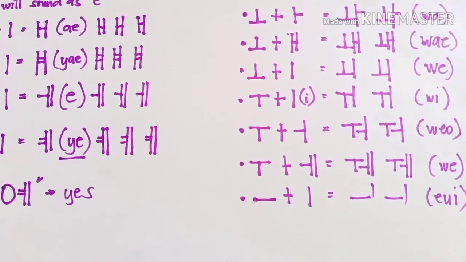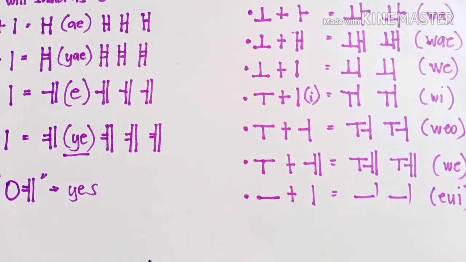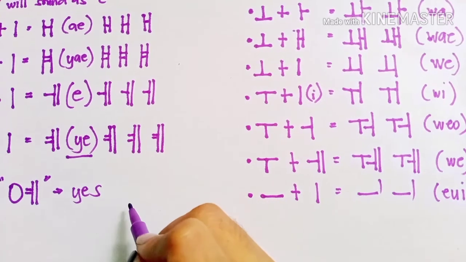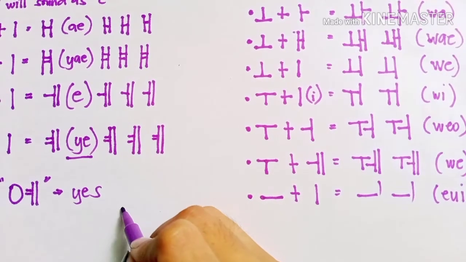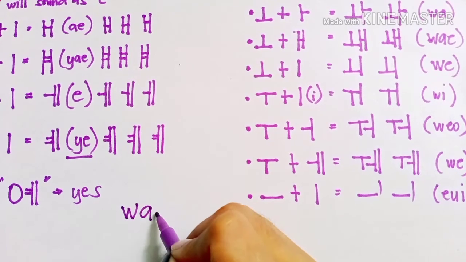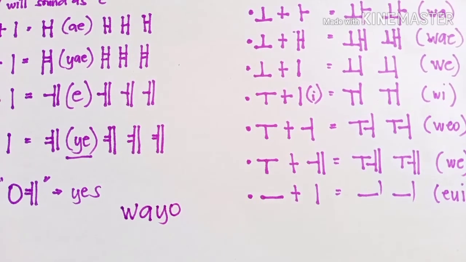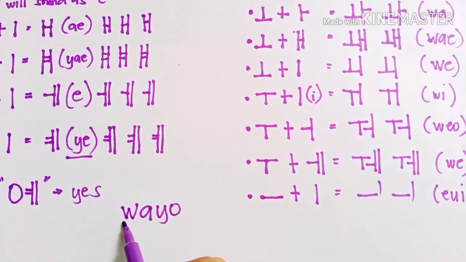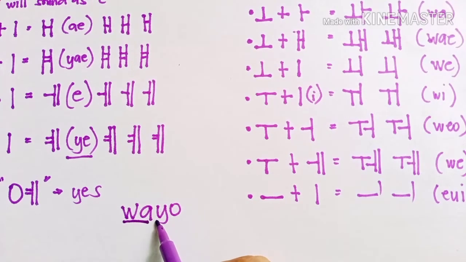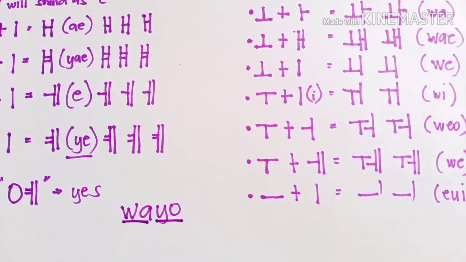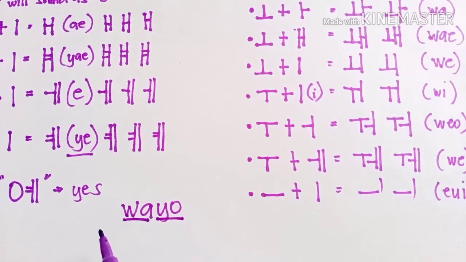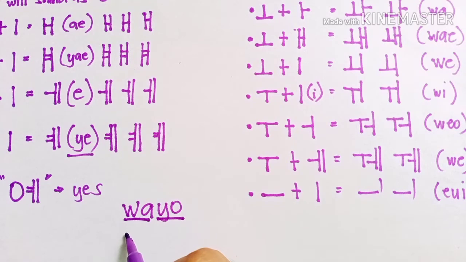So let's try to have some example. The word wa-yo. So how do you write that in Hangul? First, because it is a vowel, we should first put the substitute consonant, which is the ieung. Then the vowel wa.